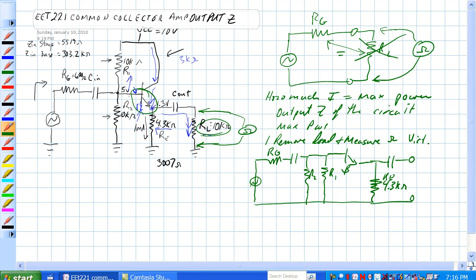Now this has a factor of beta with it, and R prime E is on this side of it. So we have 4.3 k ohms in parallel with R prime E plus. Now, when we looked at this way, we multiplied everything by beta.